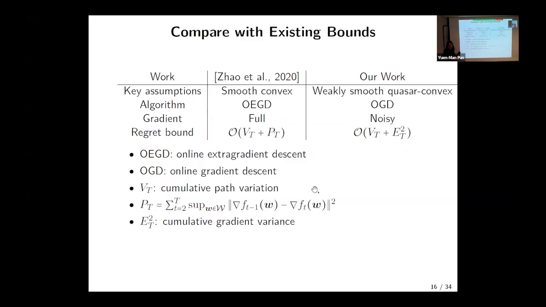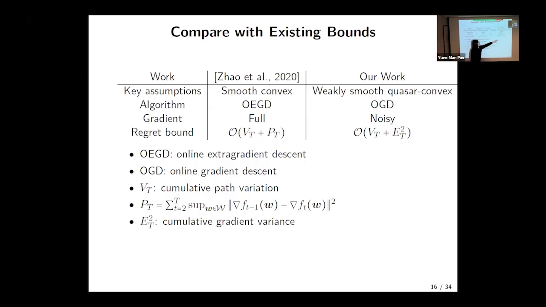So let's compare with some existing bounds. In Zhao's work, they assume smooth and convex, and in our work, we assume weakly smooth Quasar-Convex. They use online extra gradient descent here, and we use online gradient descent. We see that the regret bound is upper bounded by some terms in terms of cumulative path variations, and also the cumulative supremum of the gradients between consecutive time steps.